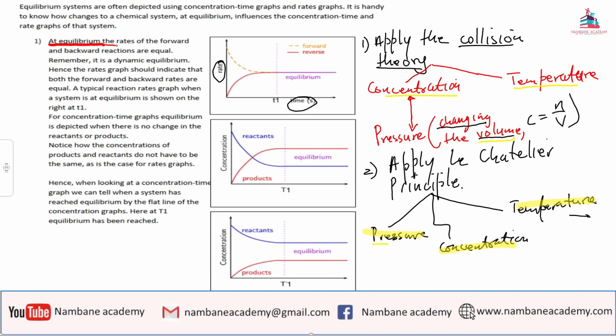At equilibrium, the rates of the forward reaction and the backward reaction are equal. It is true because now we said what? We said now this is a dynamic equilibrium. So the rate of the forward is actually equal to the rate of the reverse.